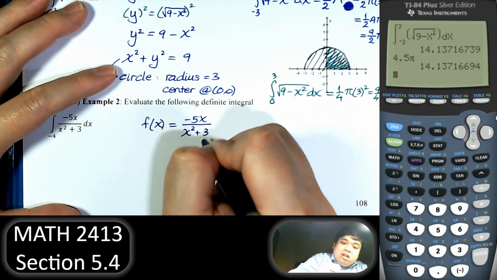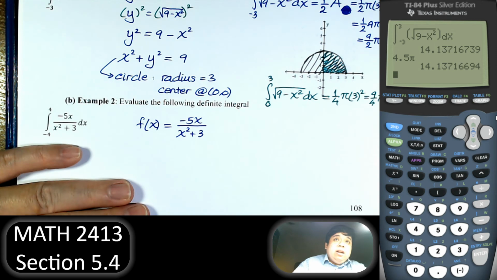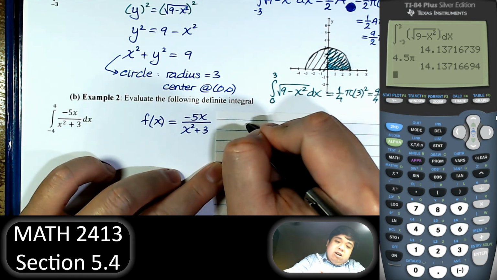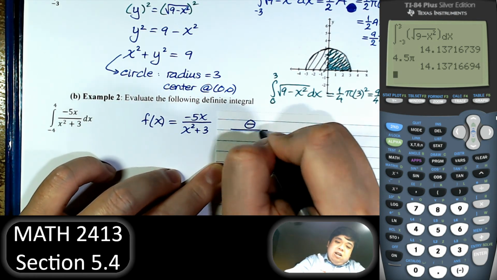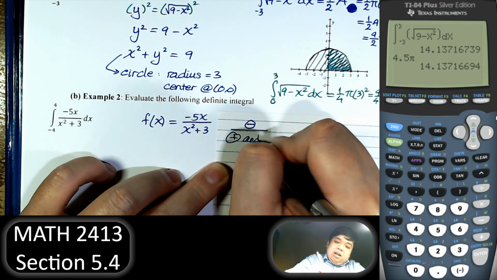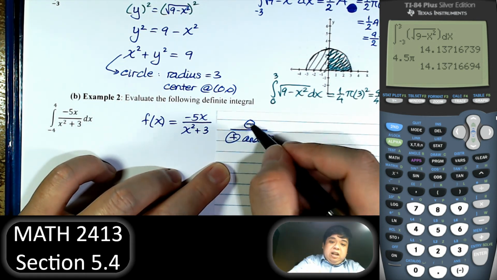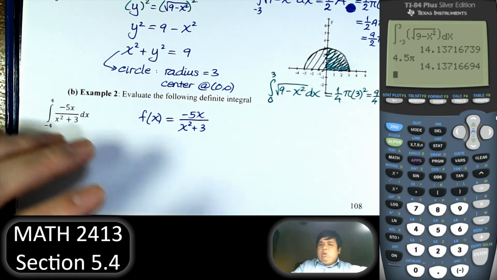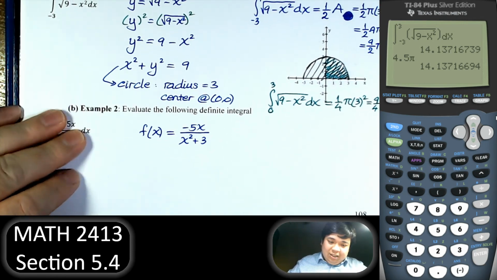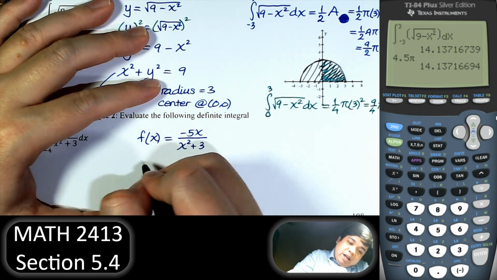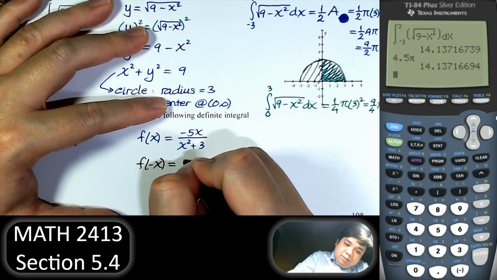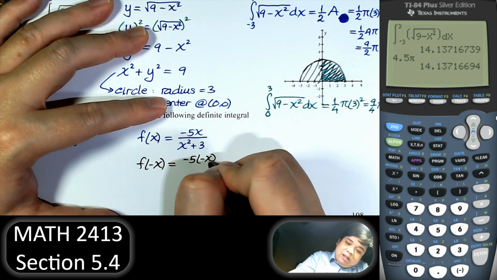Now let's say this is the function, and of course we have the top is odd, characterized by the negative sign, the bottom a plus and a plus. So together, negative divided by positive is negative. So this is odd. Let's just prove it. Using f of negative x, I put negative x in for x.